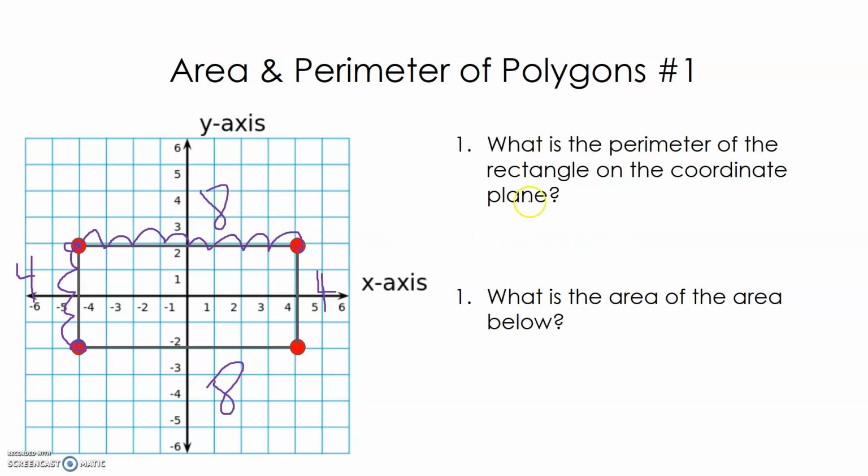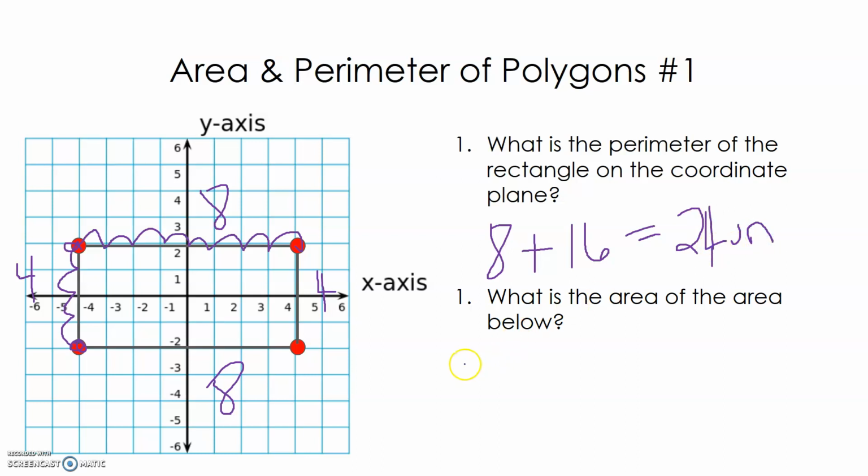If I add all of these together, I'm going to think smart, not hard. 4 times 2, since I have 2 sides, gives me 8. And 8 times 2, since I have 2 sides, gives me 16. You guys can just do 4 plus 8 plus 4 plus 8, but this is a little faster for me. Then I get 24 units as my perimeter.